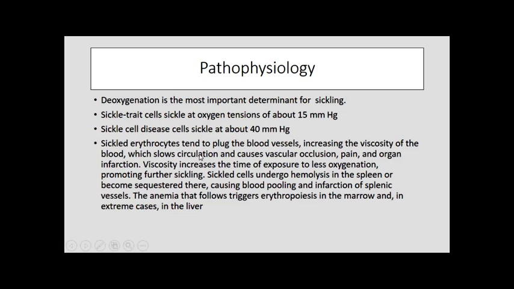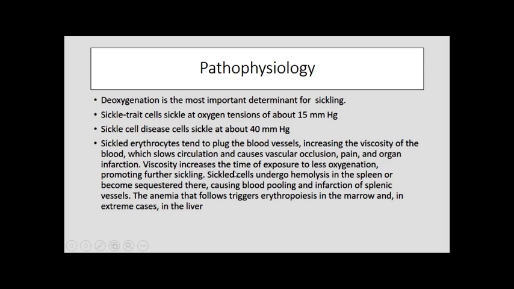When there is viscosity, this increases the time of exposure to less oxygenated blood, with less velocity circulating, more time exposed to hypoxemia, more possibility of sickling. Now the sickle cells, because of their shape, will undergo hemolysis in the spleen or be sequestered there, causing blood pooling and infarction of the spleen, of the splenic vessels.